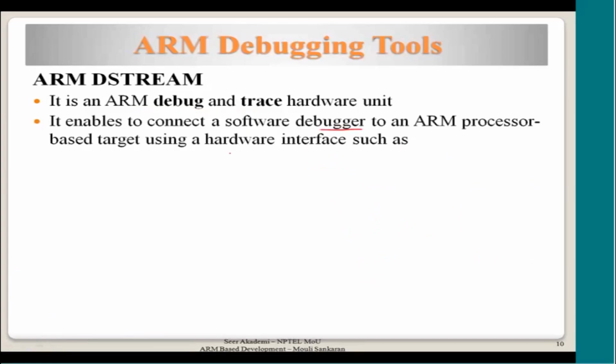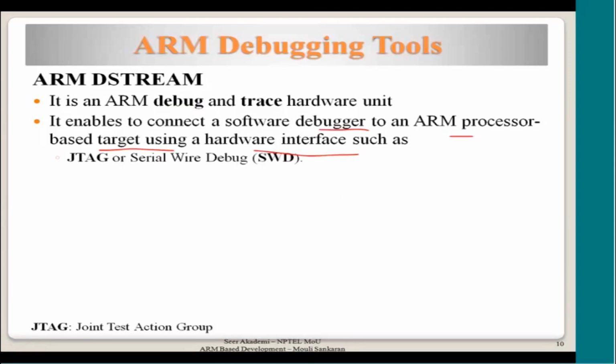So it enables connecting a software debugger to an ARM processor based target using a hardware interface such as JTAG or serial wire debug. JTAG is the Joint Test Action Group, that is the expansion. This is a generic hardware as well as software definition to verify and get the values of a particular processor or chip.